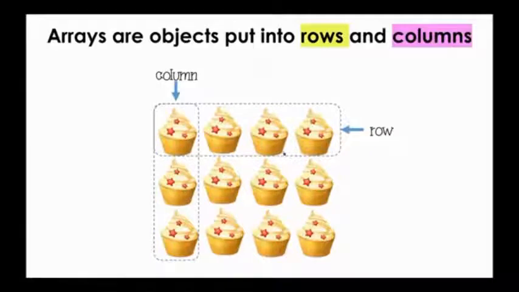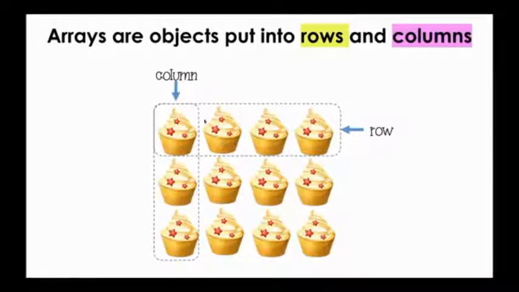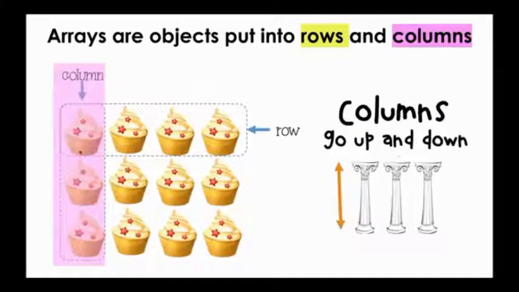So first, what is an array? Arrays are objects that are put into rows and columns. We have our array right here that is made of the object cupcakes, and you can see our columns and our rows. Now a column goes up and down.